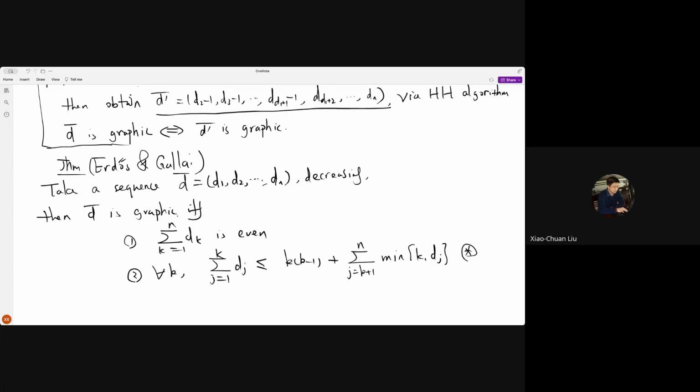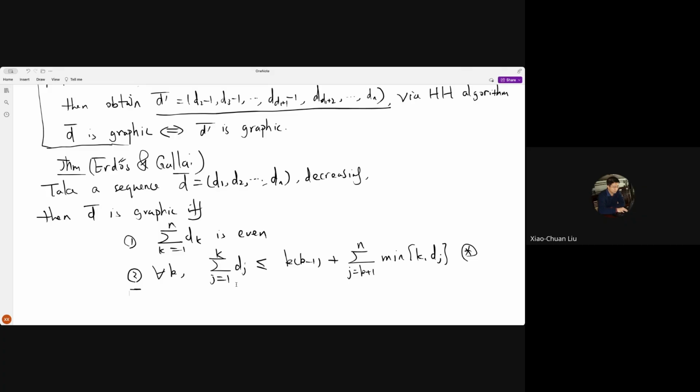In the statement of this theorem by Erdős and Gallai, we have to ask this sequence to be decreasing because of point 2, because there is a problem of order. This is true for the decreasing order.